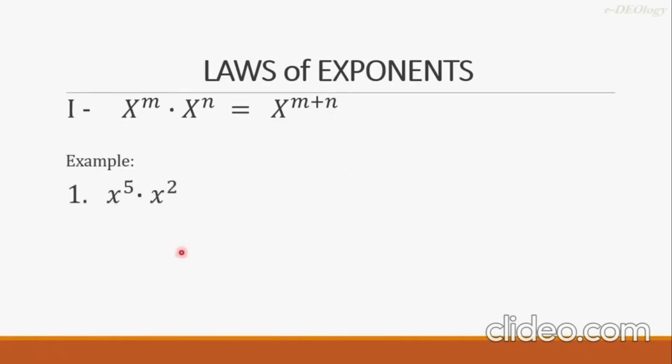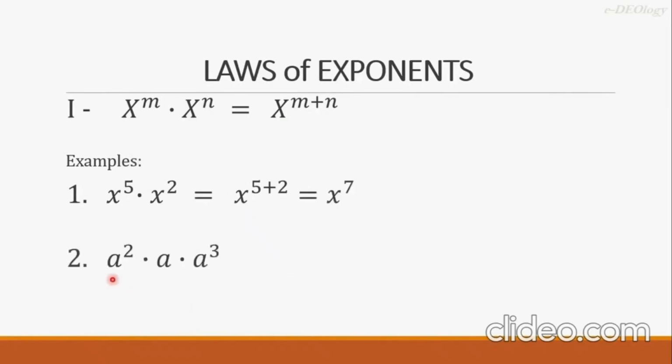So we have an example here, x raised to 5 times x squared equals x raised to the sum of 5 and 2, equals x raised to 7.